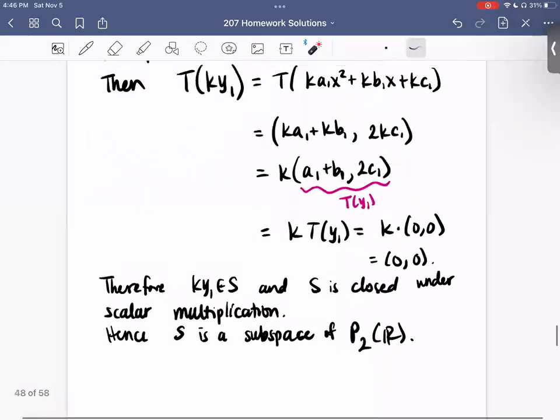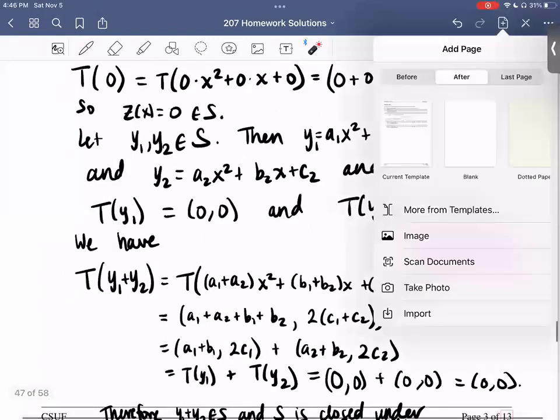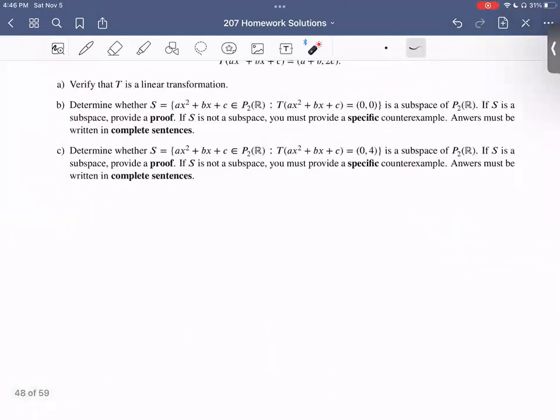Let me get another one of these pages. All right, now we're going to work on C, and we're thinking about this set. Let me give you an example. What types of elements are in this set? Well, x squared minus x plus 2 is in this set. How do I know that?